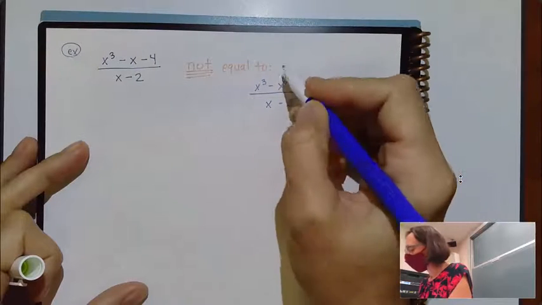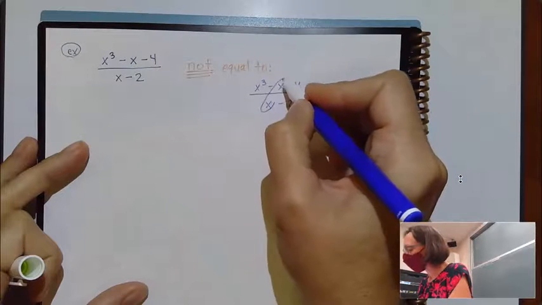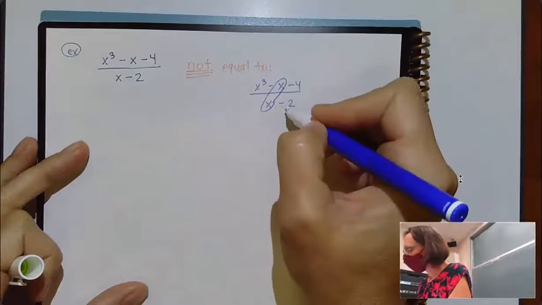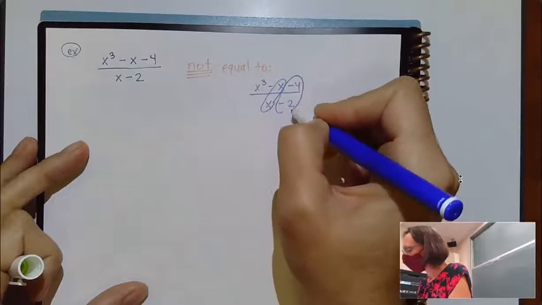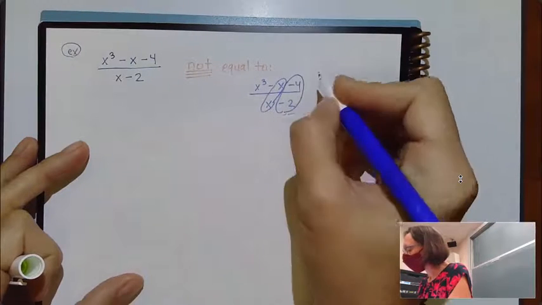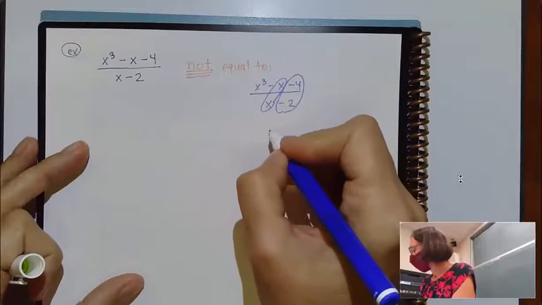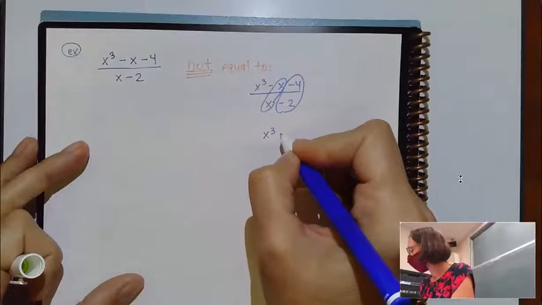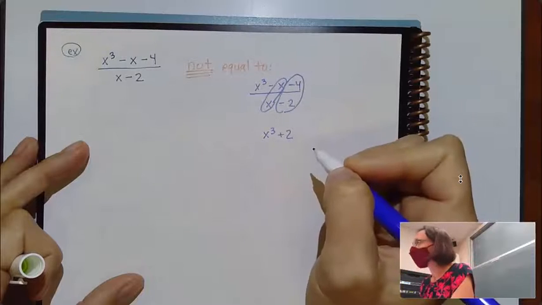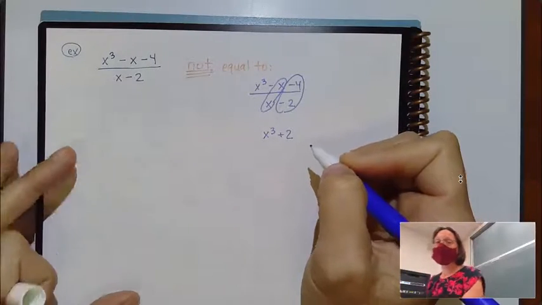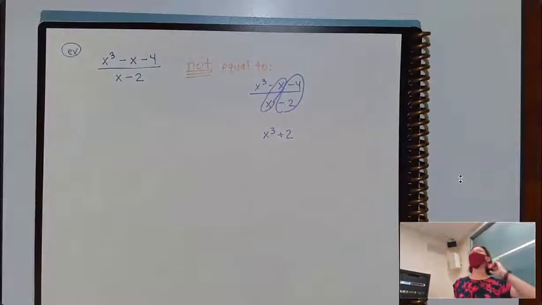To have your brain look at those x's and at that -4 and -2, and somehow come out with an answer that looks like x cubed plus 2. Now, if you're looking at that going, huh, awesome, because that's the wrong thing. It's not what it's equal to.